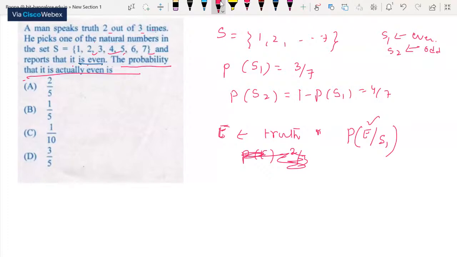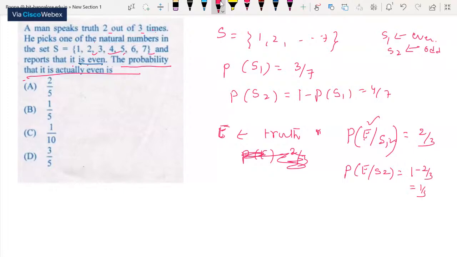So the probability of E given S1 is 2 by 3. Then the probability of E given S2, that is, how often he reports whatever is true in odd numbers, is 1 minus 2 by 3, which is 1 by 3.